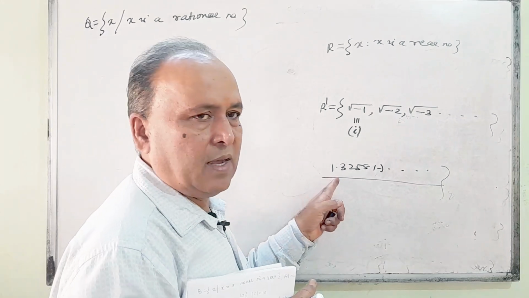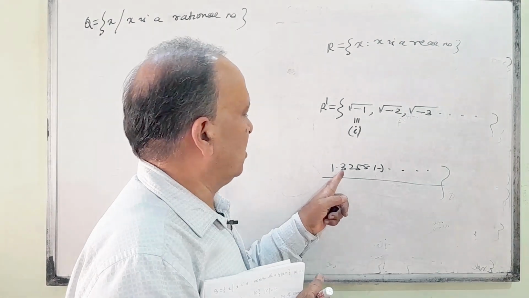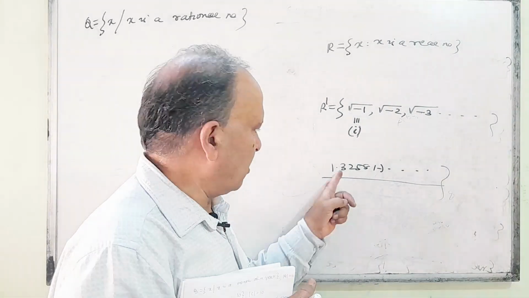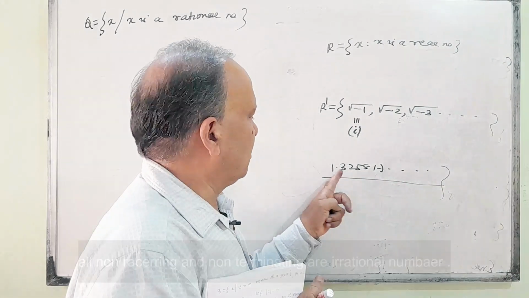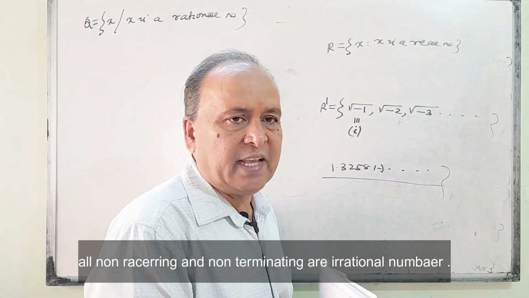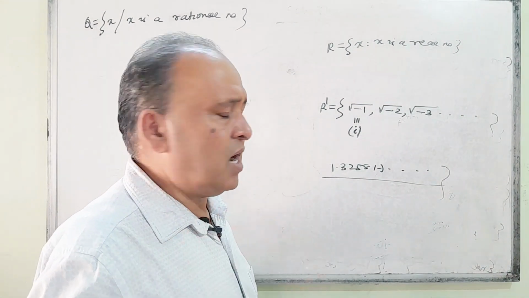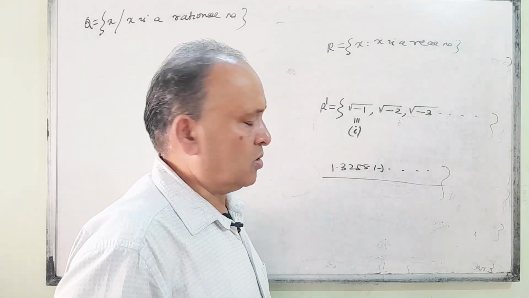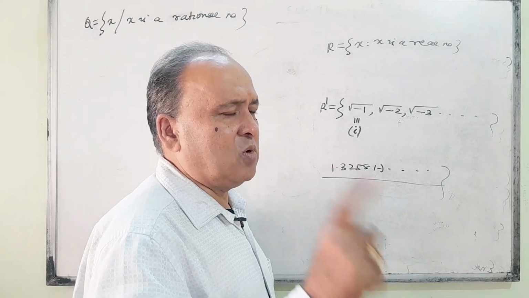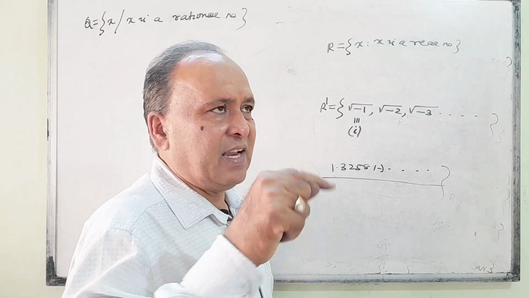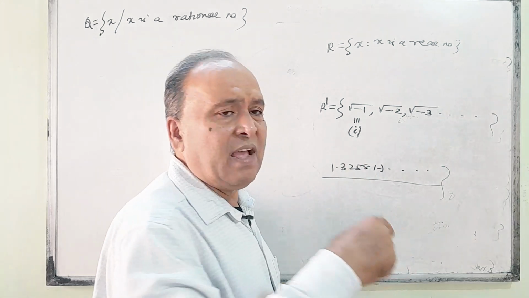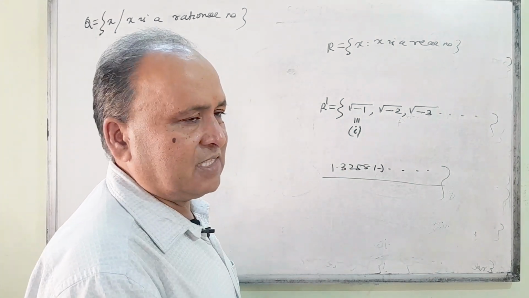You remember, all non-recurring, non-terminating decimal numbers are irrational numbers. For this reason, your root 2, root 3, root 5, root 7 are irrational because these are non-recurring and non-terminating decimal numbers.